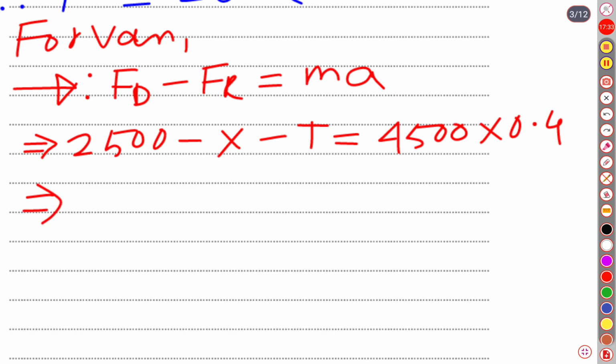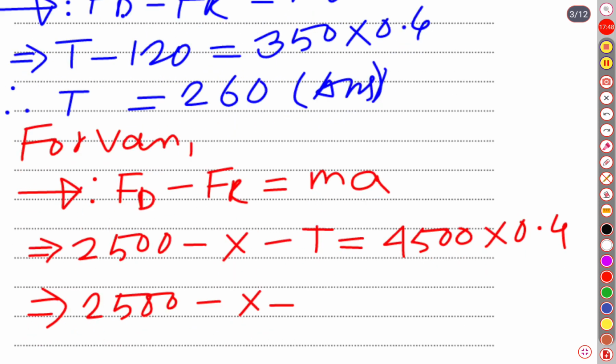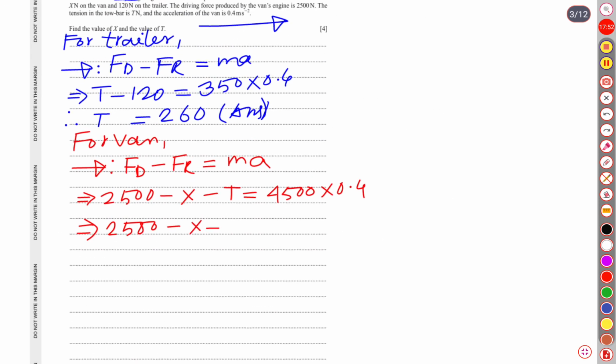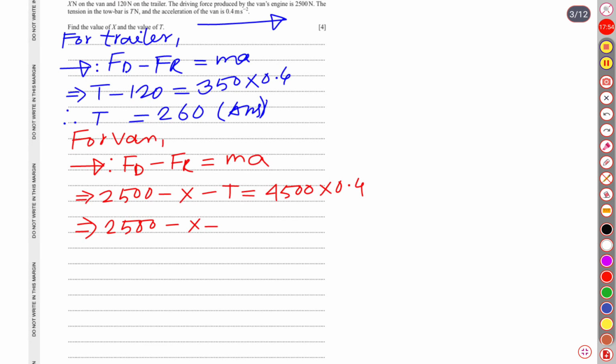So what is it going to be? 2500 minus x minus tension, which we have just obtained. Tension was 440, sorry, 260. Let us see how much the tension was. Tension was 260, so we can use this information. If we multiply this, it is going to be 1800.